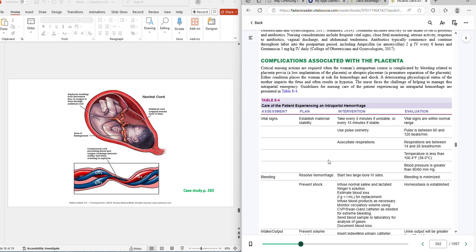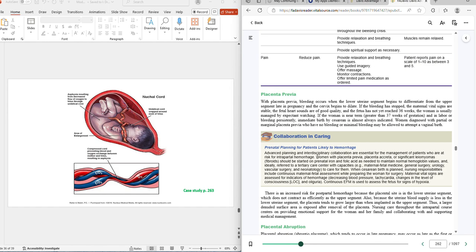We're weighing everything that she's losing to make sure that she's not losing too much blood. In a vaginal delivery, she can lose up to 500 milliliters of blood, and for a C-section, she can lose up to 1,000 milliliters of blood and still be okay.